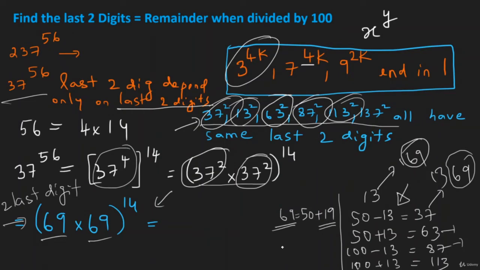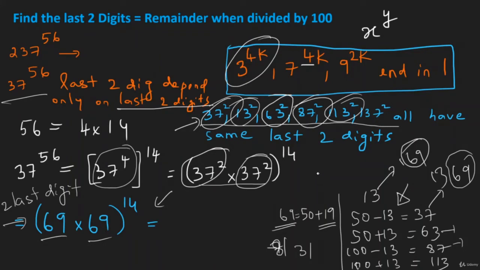Similarly, even 50 minus 19, that's 31. 31 square also will have the same last two digits as 19 square, which will have the same last two digits as 69 square, that will have the same last two digits as 100 minus 19. What is 100 minus 19? 81. So 81 square also will have the same last two digits as 69 square.